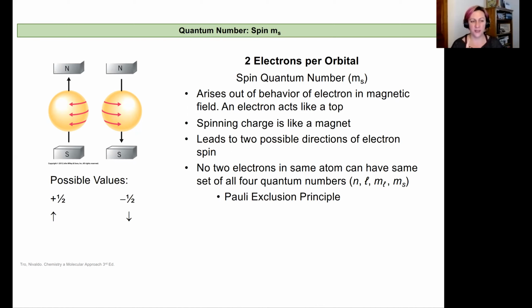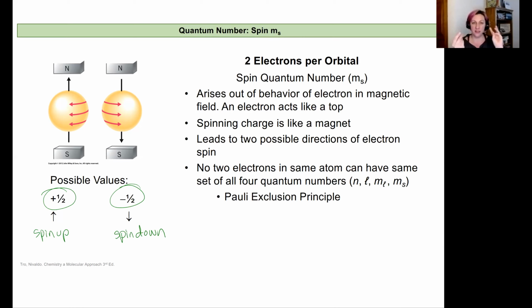And so these 2 different spins, we like to abbreviate it, we have m sub s is plus 1/2 or minus 1/2 to indicate which direction the spin is. And we often refer to it as spin up if it's plus 1/2 and spin down if it's negative 1/2. And we'll see that within an orbital like an m sub L, so a shape within a specific orientation relative to the nucleus, each of those orbitals can contain 2 electrons, but one will be spin up and one will be spin down.